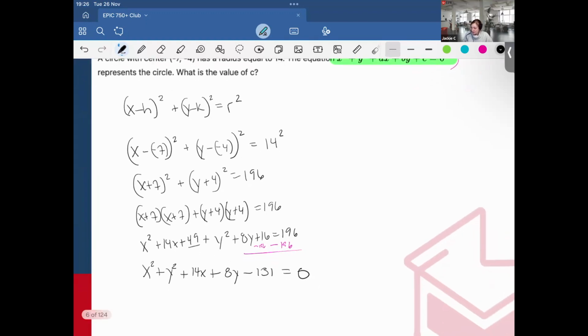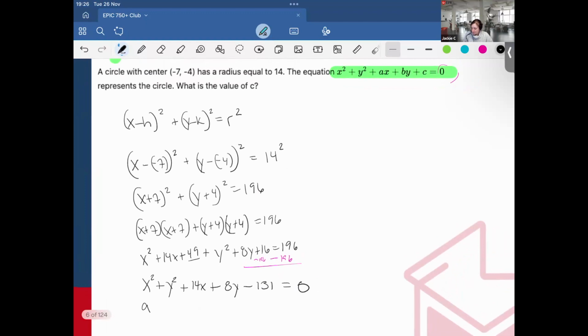And then just looking at the equation, x squared plus y squared plus ax plus by plus c equals 0, we can see that the 14 correlates to a, b would be 8, but we're just asked for the value of c, which is negative 131. And that is exactly what I would type into my answer.